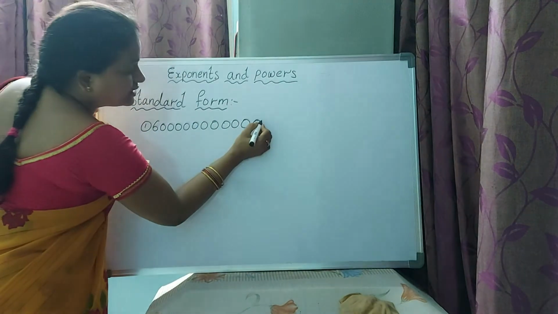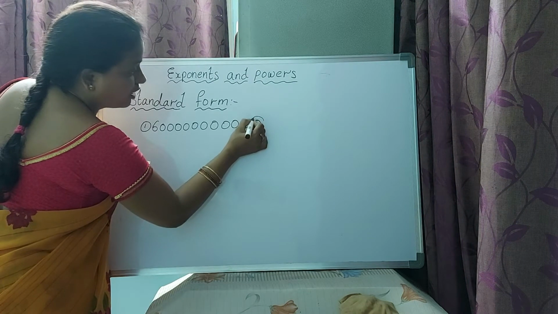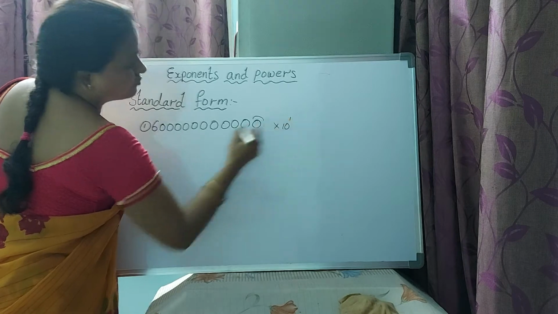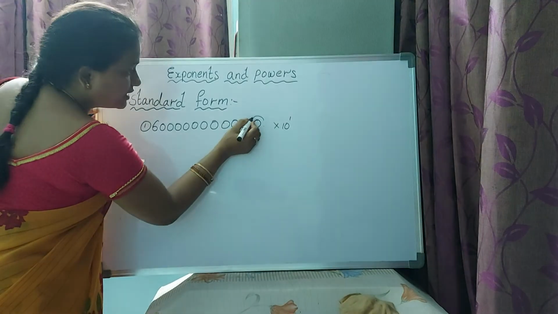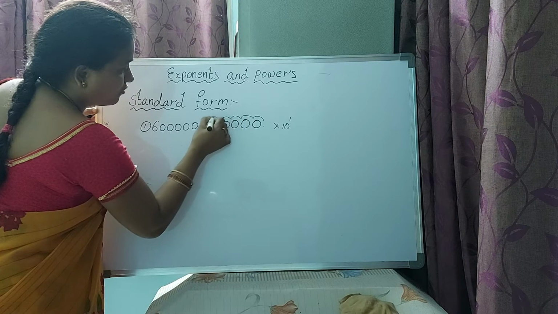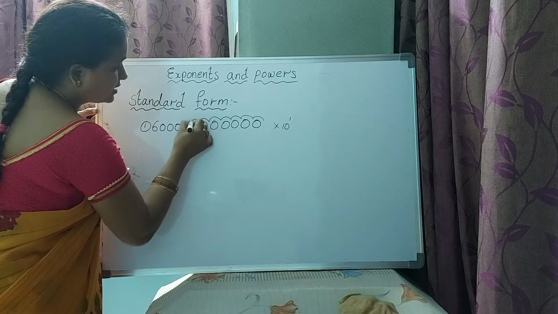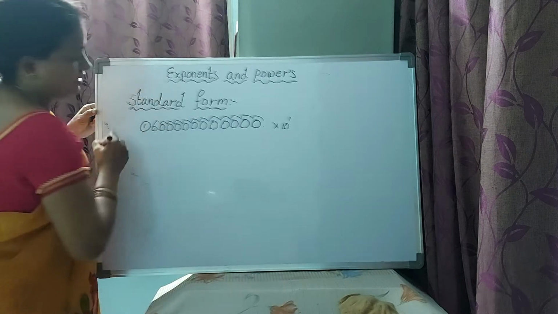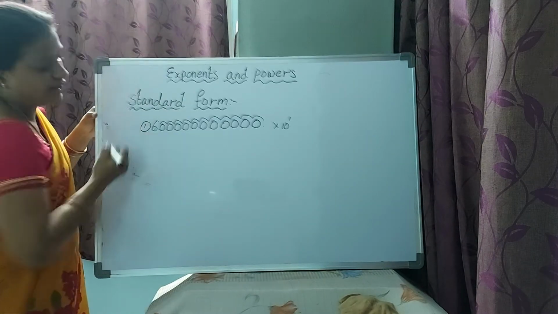So if it jumps from here to here, 1 point, it means we have to write 10 to the power of 1. If it jumps 2 times, 2, 3, 4, 5, 6, 7, 8, 9, 10, 11. I want to keep the point here.